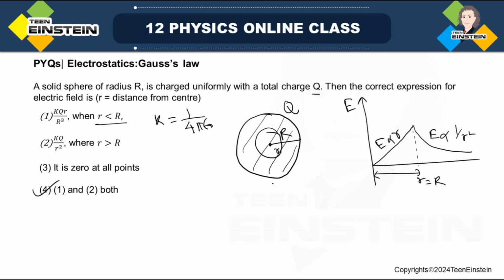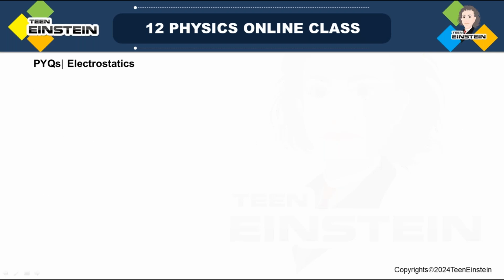I'll quickly do a little bit of derivation for this particular case. It has total charge q, and since it is a solid sphere, the charge is throughout it. I have to apply Gauss's law, E dot ds.